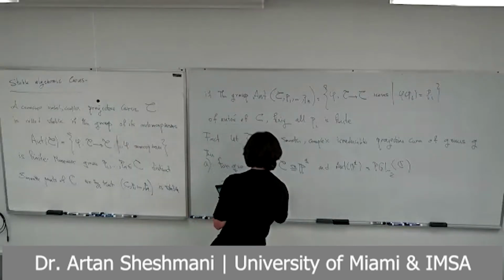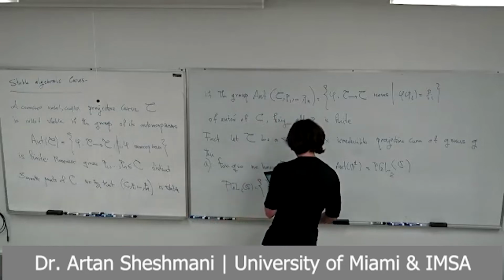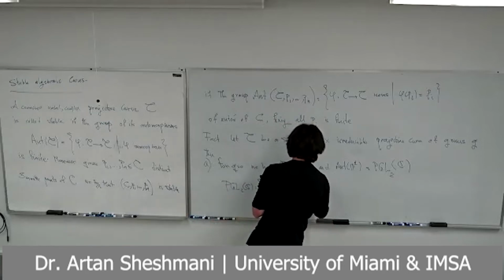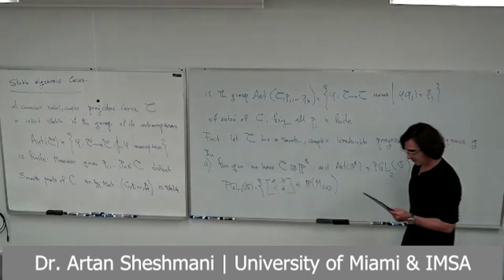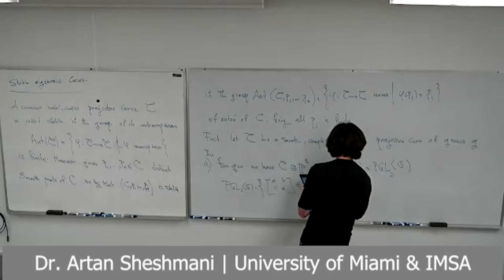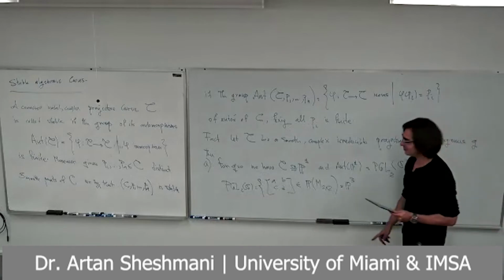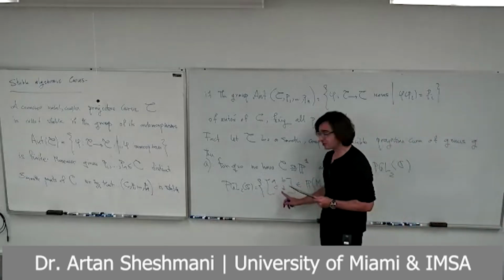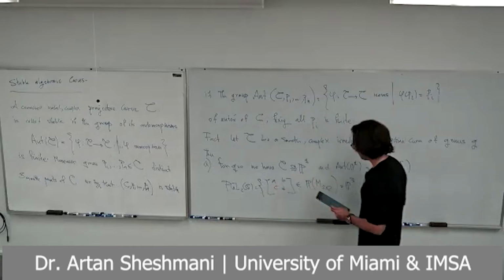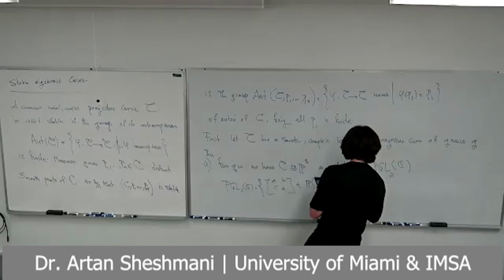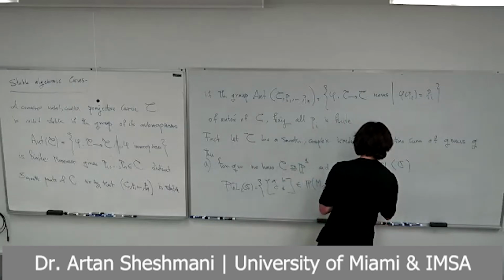PGL2C is the projectivization of the space of 2 by 2 matrices, which itself is P3. The projectivization of the space of 2 by 2 matrices is P3 because the matrices form C4, and when you projectivize it, you get P3, such that what makes it the projective linear group is that the determinant is not equal to 0.